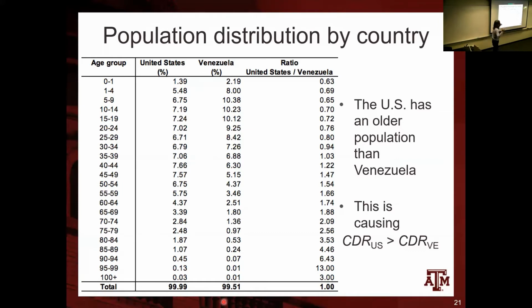I keep saying we cannot compare the original crude death rates for populations that have different age compositions. The age composition is these two columns here. How do we compare these two age compositions? One way is to get this number and divide by this number, to get the ratio of the percentage of people in the US in this age group by the percentage of people in Venezuela in this age group. How much is 1.39 divided by 2.19%?